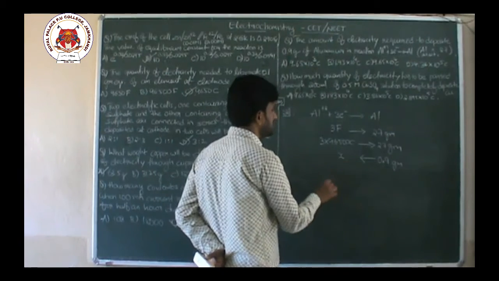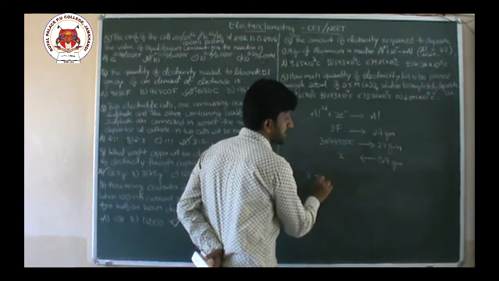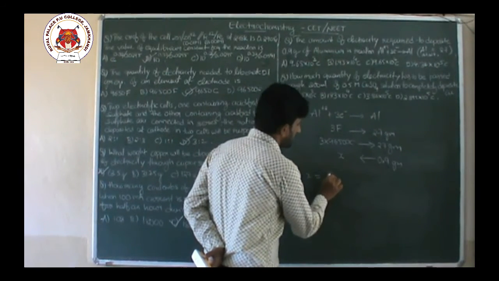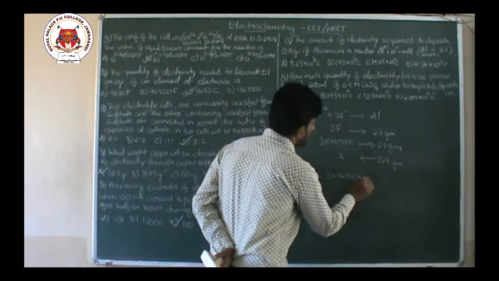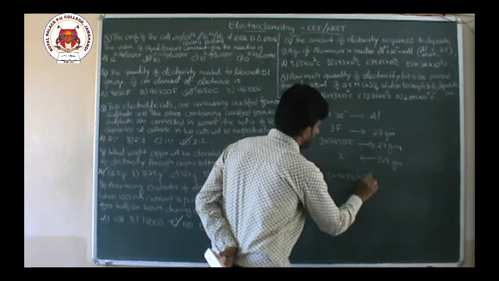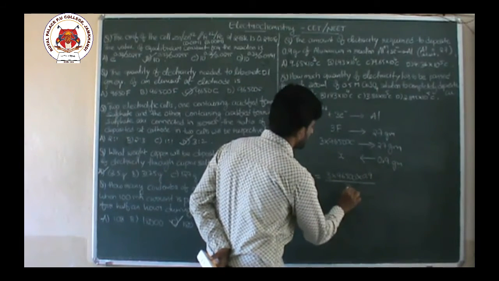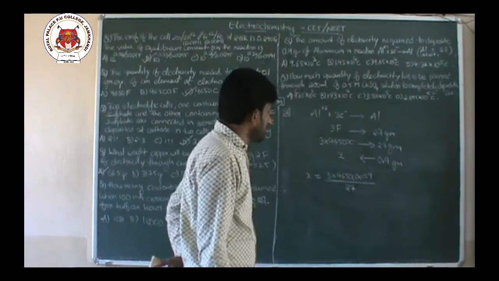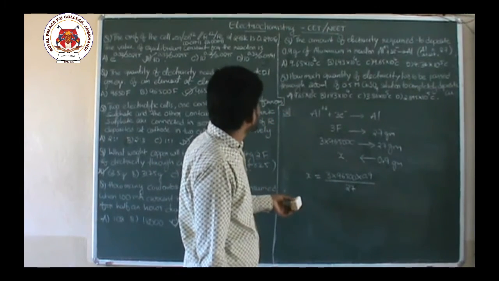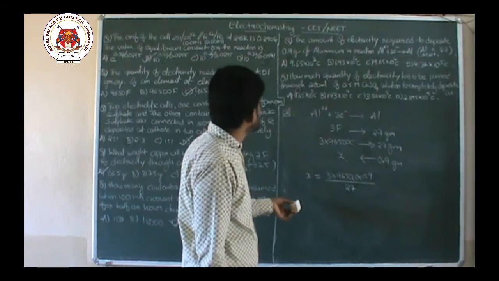So I can write this: x is equal to cross multiplication 3 into 96,500 into 0.9 divided by 27. Okay, so this is the calculation we need to do in this case.